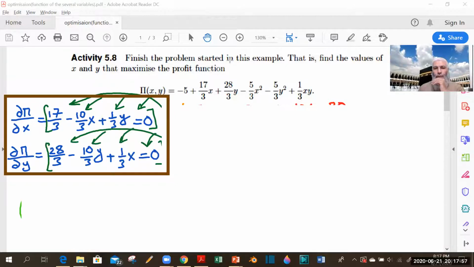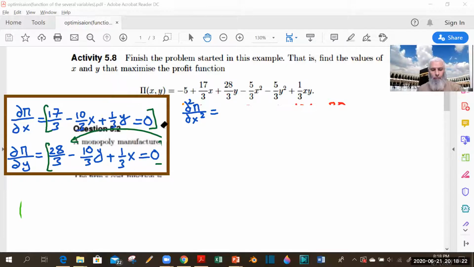Now, d2 profit, dx squared with relative to x is what? It would be negative 10 over 3.